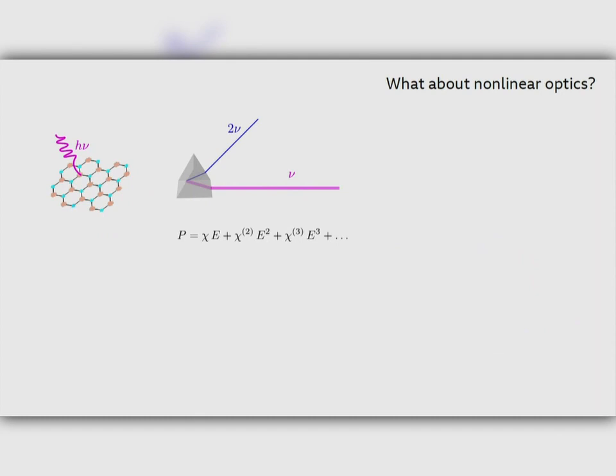So what about nonlinear optics? When we started, it was about 10 years ago. That was the situation for linear optics, while for nonlinear optics, publications of calculations were very sparse. Mostly they were at the independent particle level, and there was also no tool that the community could access and work with.